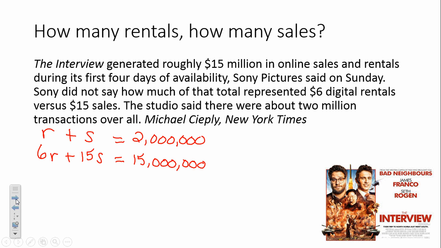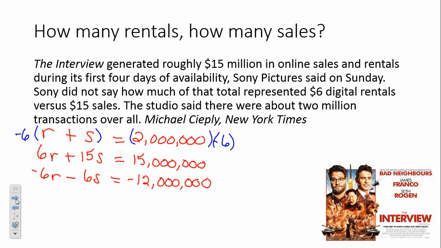So what are we going to do? Yep, -6 times the top. I'll take -6 times the right side and -6 times the left side. I should get S's or R's to eliminate. So -6R - 6S = -12 million. Adding them up, R's go away. 9S = 3 million.